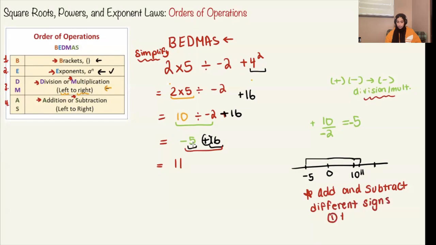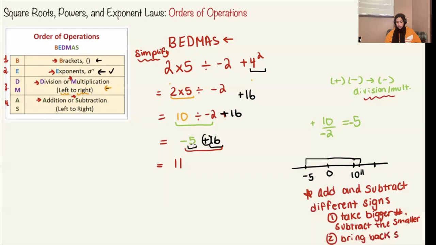You want to take the bigger number and subtract the smaller one. You want to subtract the smaller from it. Okay. And then once you do that, you want to bring back, so you're going to ignore the signs first.